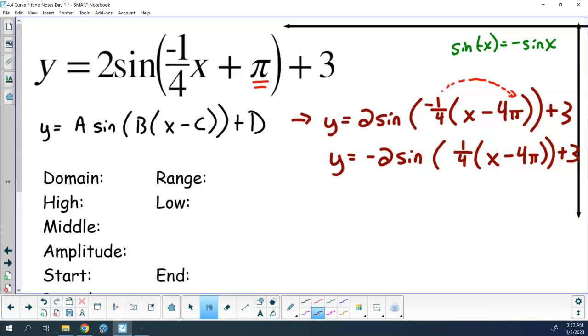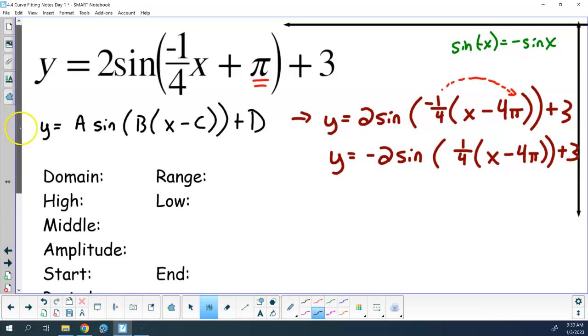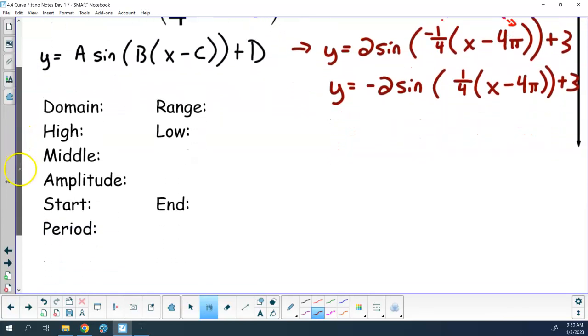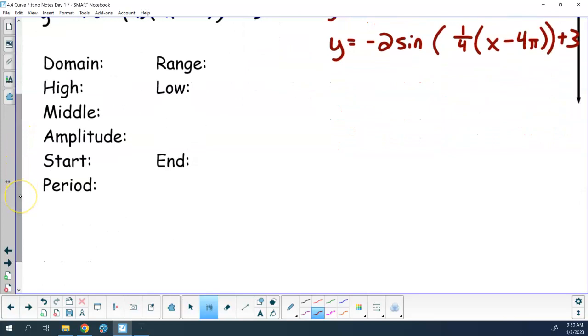Now, that then becomes what I am going to graph. So based off of that, let me move this so it looks a little prettier. Give me one of my pieces of 9. What do you got? Amplitude is 2. I would concur that the amplitude is 2.